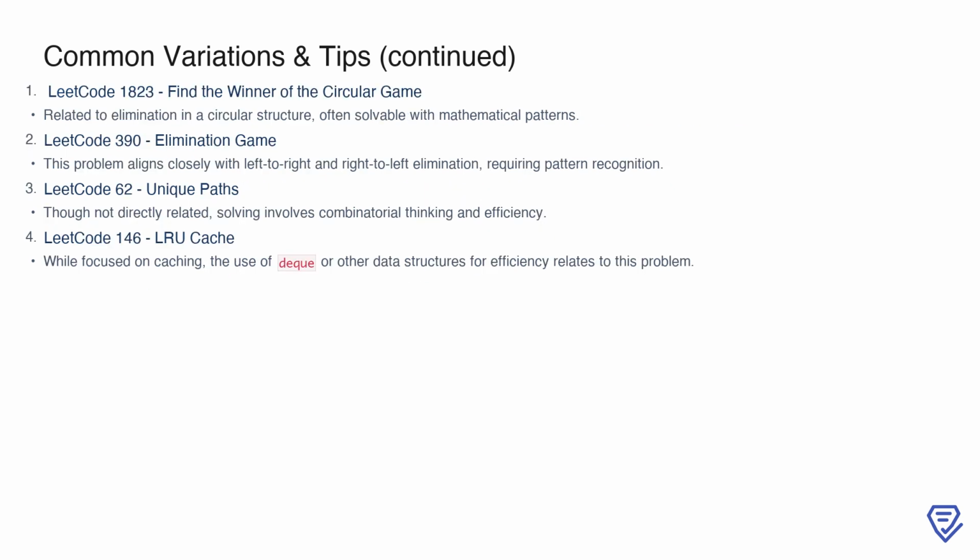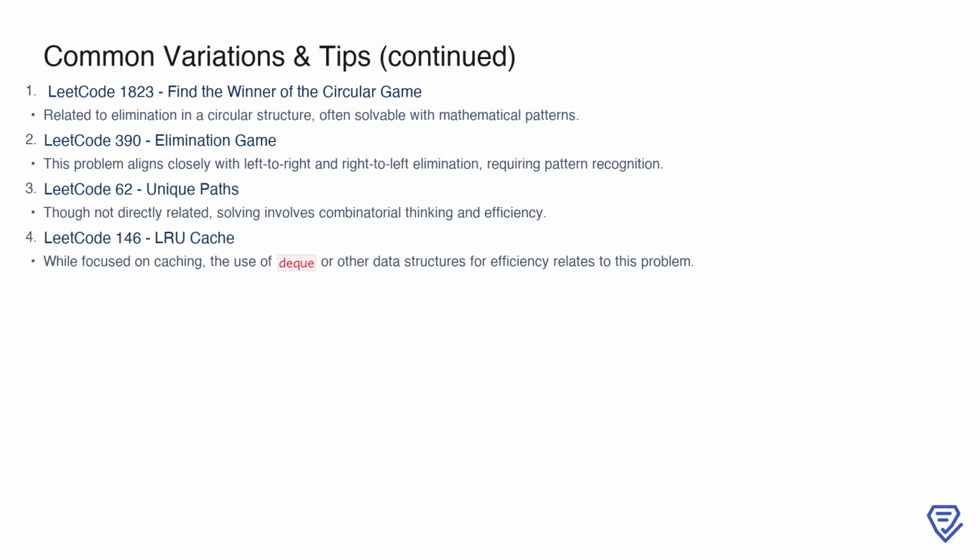Several related problems can help you build the skills needed for this challenge. LeetCode 1823, Find the Winner of the Circular Game, involves elimination within a circular structure and often benefits from recognizing mathematical patterns. Problem 390, Elimination Game, directly aligns with this discussion, as it incorporates alternating left to right and right to left elimination, making pattern recognition a critical skill.